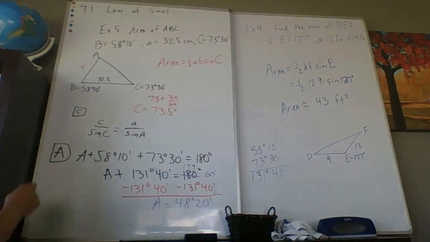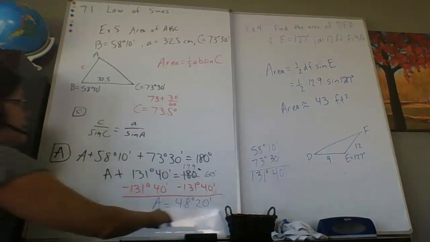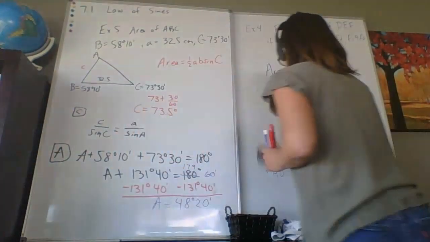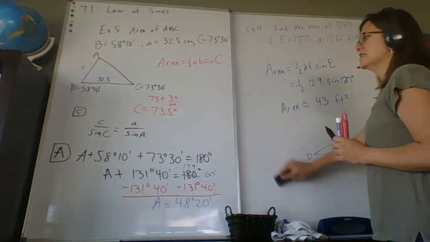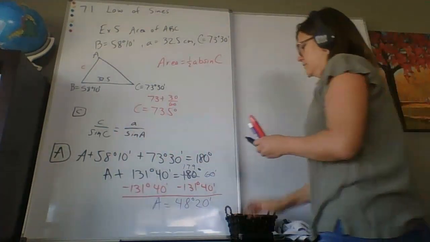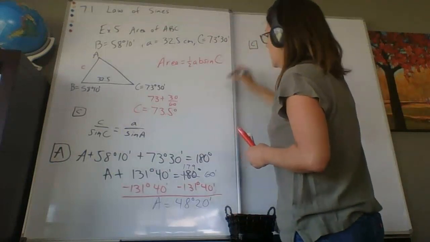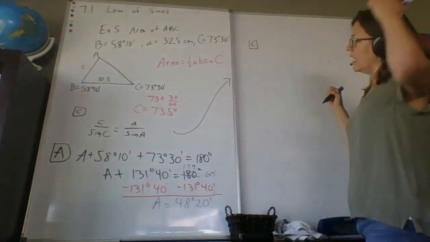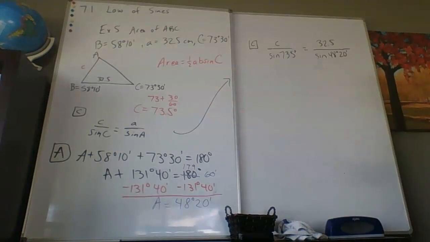Now we are ready to use the law of sines. Once we find side C, then we will be ready to calculate the area. So back to little c, we're going to plug in the numbers that we know. So we get C over sine 73.5 degrees equals 32.5 over sine of 48 degrees 20 minutes.